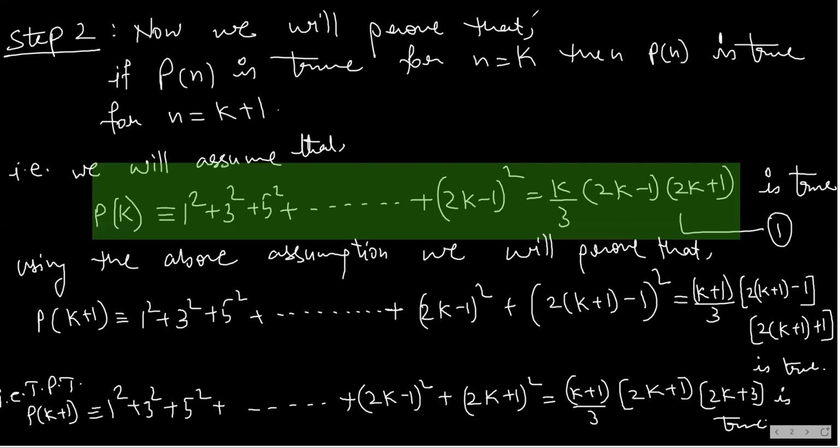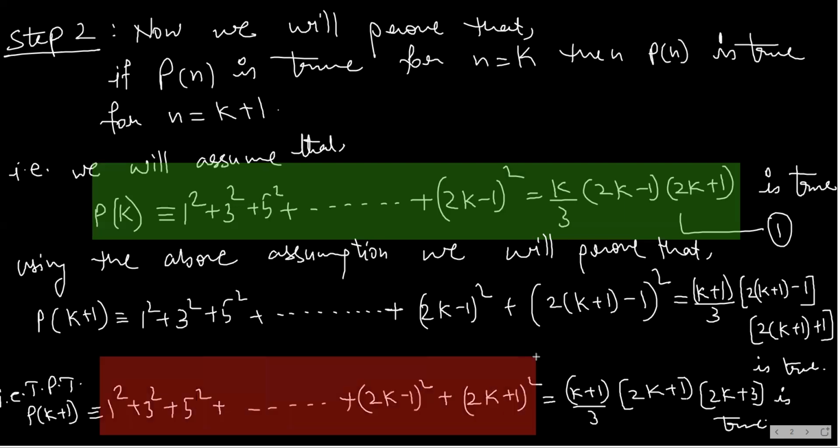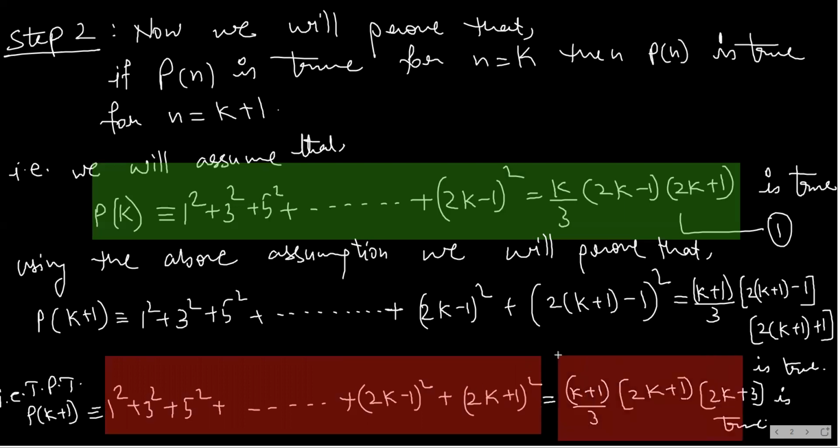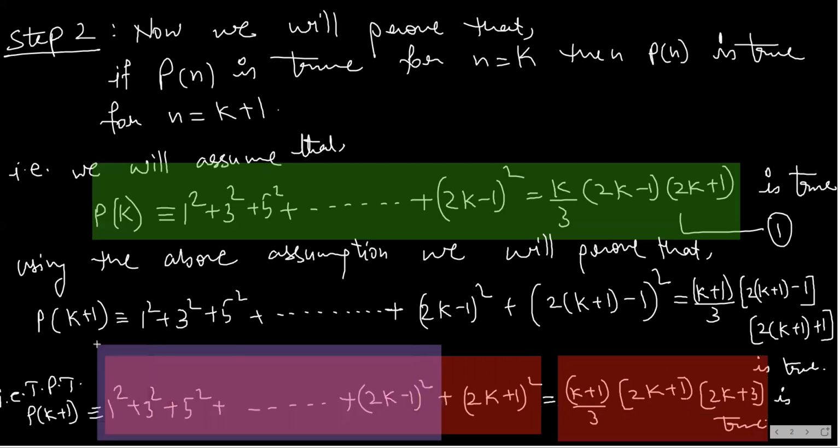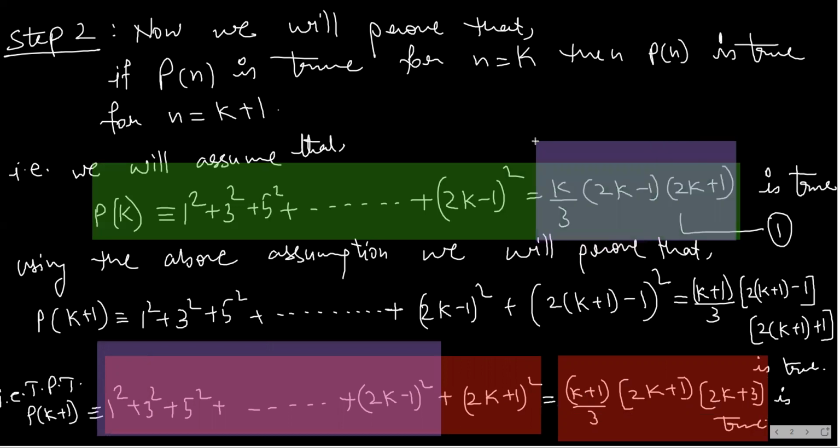So what you will do now, you will take this LHS, and remember, you will prove this LHS is equal to RHS. But remember that in this LHS, from here to here, this is equal to this, which is already true as per our assumption.